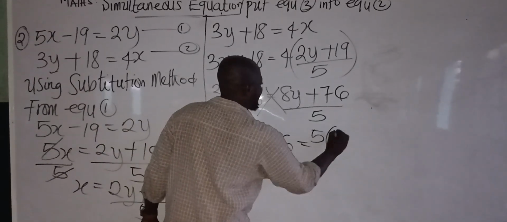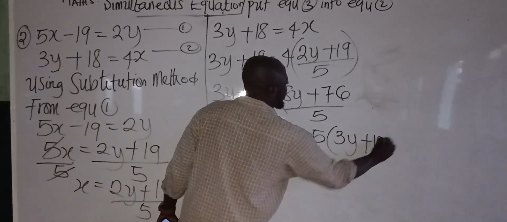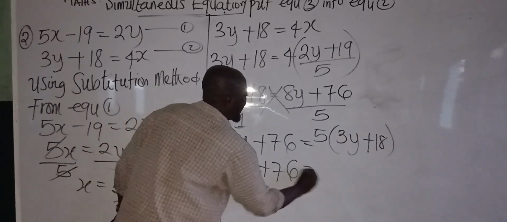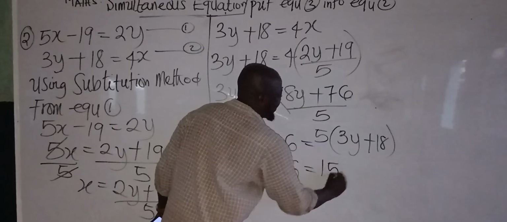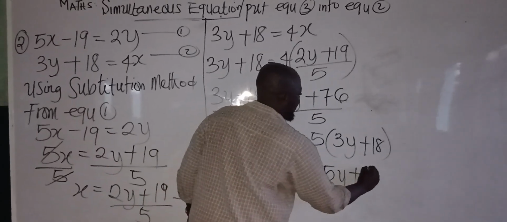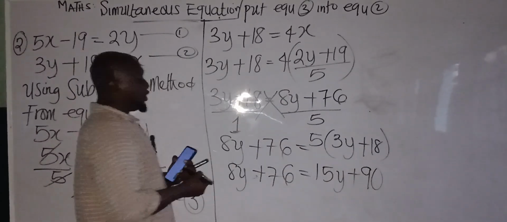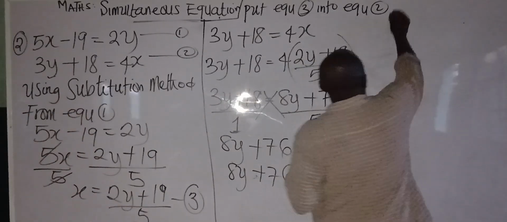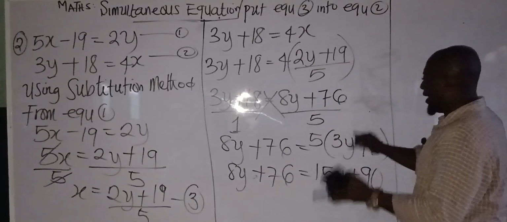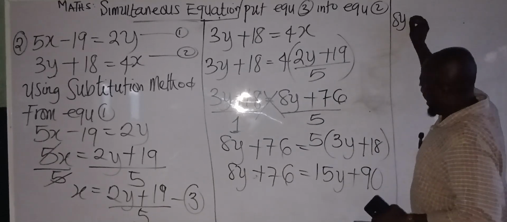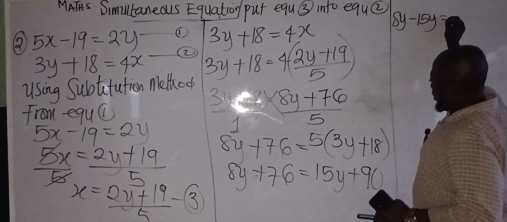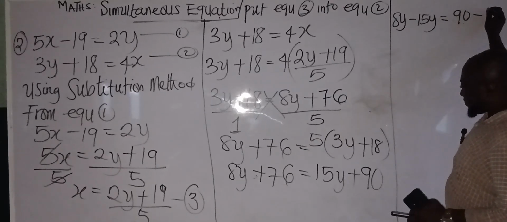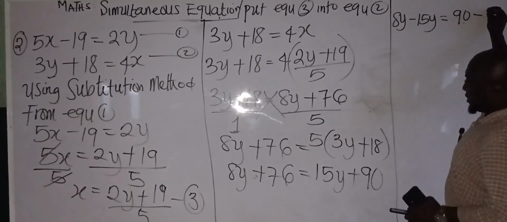Let me just put it like this so that I would not rush you guys. So I have 8y plus 76 here. Open the bracket now, I'm having 15y, then plus this will give us 90. Don't forget what we got as our y. So from this point now, what do I do? Collect like terms. So my 8y minus 15y will give us 90 minus 76.